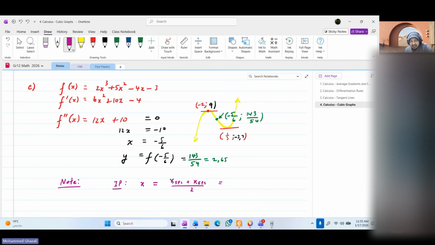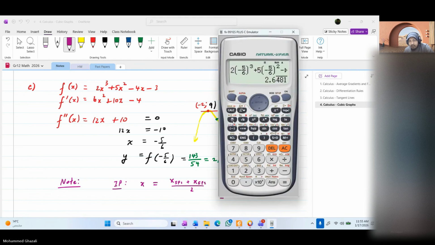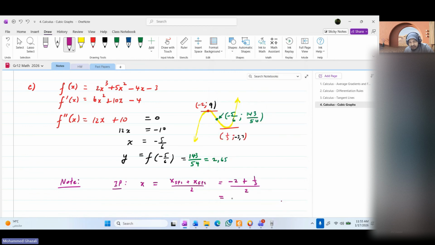So what was my first stationary point? It was negative 2, right? Plus, what was my second stationary point? It was 1/3. And if I divide by 2, see what you get? Negative 2 plus 1 over 3, and we're dividing it by 2. We're getting negative 5 over 6, right?